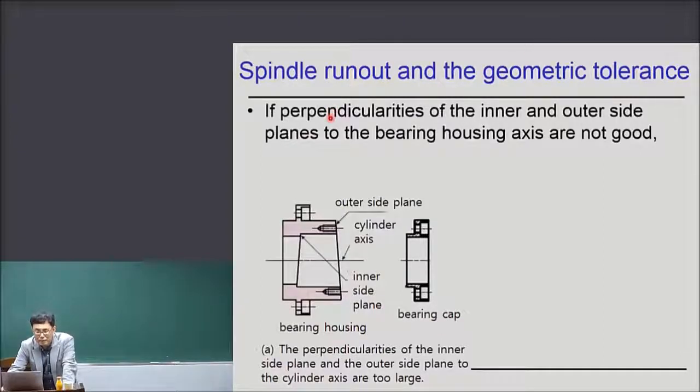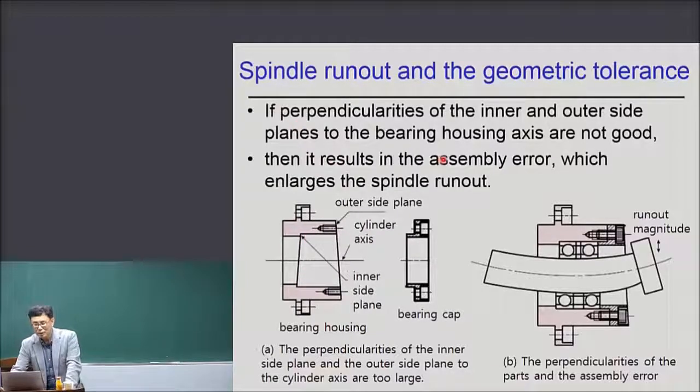If the perpendicularities of the inner and outer side planes to the bearing housing axis are not good, which means that this is the outer side plane and this is the inner side plane, and the perpendicularity of these two planes to the cylinder axis is not good, if I exaggerate, if the perpendicularity is like this, then what problem is that?